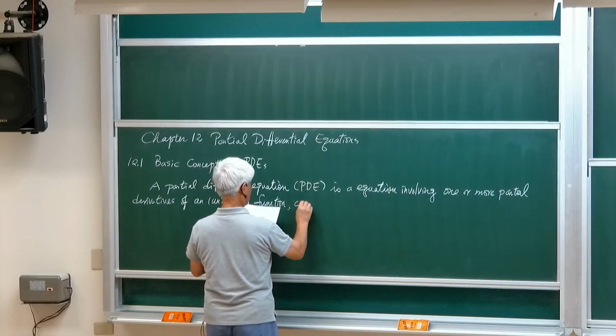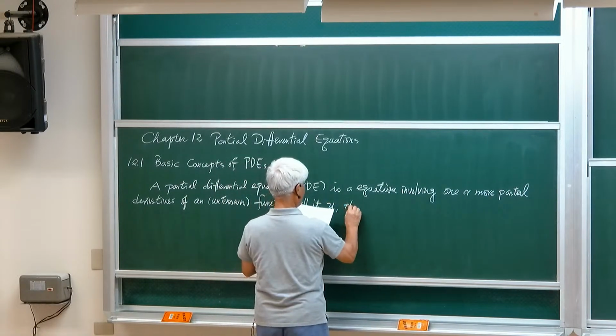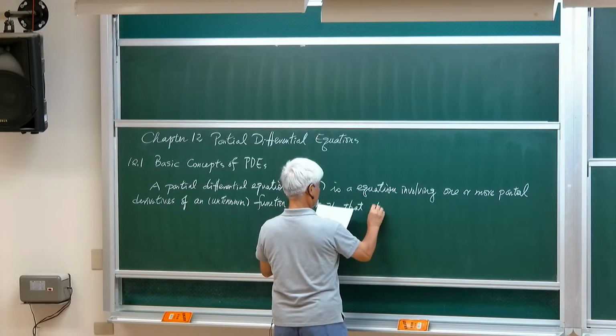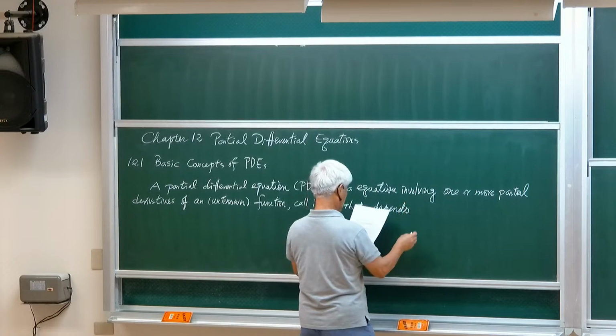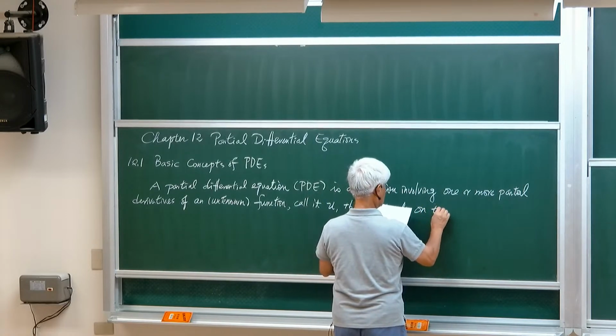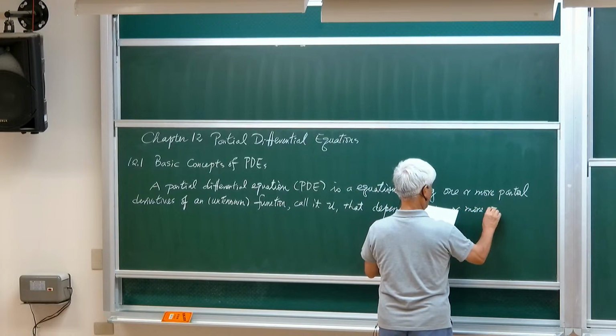Right, so we call it u. Right, so this function depends on two or more variables.